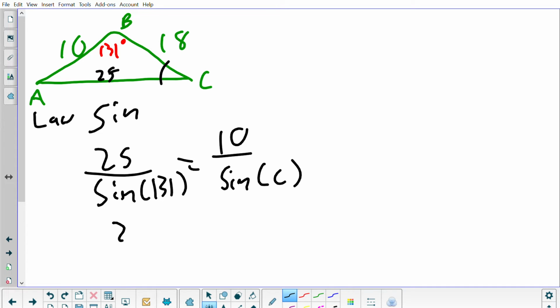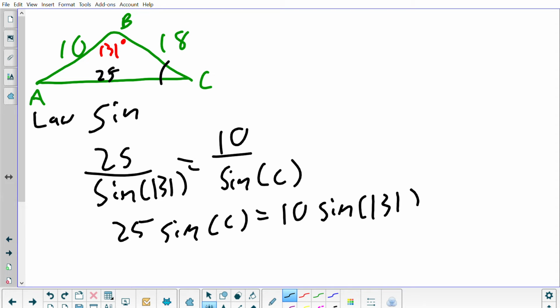So then it would be 25 sine C is equal to 10 sine 131, and then sine C is equal to 10 sine 131 all over 25.